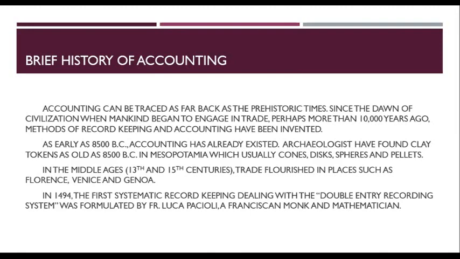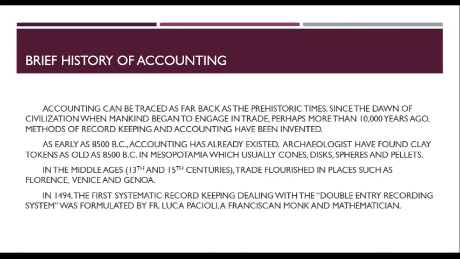These tokens correspond to commodities like sheep, clothing, or bread, and they were used in the Middle East in keeping records. After some time, the tokens were replaced by wet clay tablets. So it was upgraded, and during such time, experts concluded this to be the start of the art of writing.